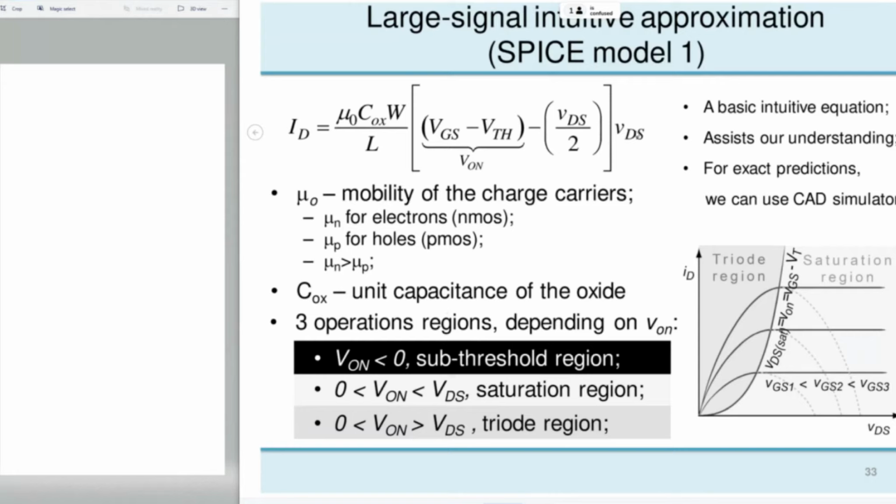Because in most design cases, you consider either cutoff, no current, or triode region, which is this equation, and saturation region. The equation of the current in saturation region can be very easily derived from the equation of the triode region. So if you memorize this equation, you actually know the equation for the current in saturation region.